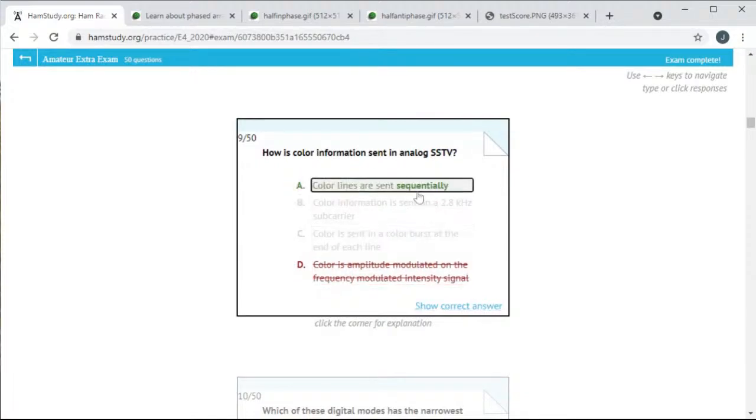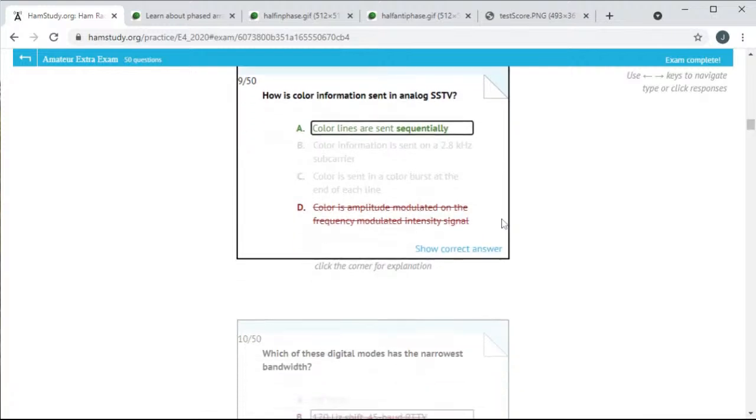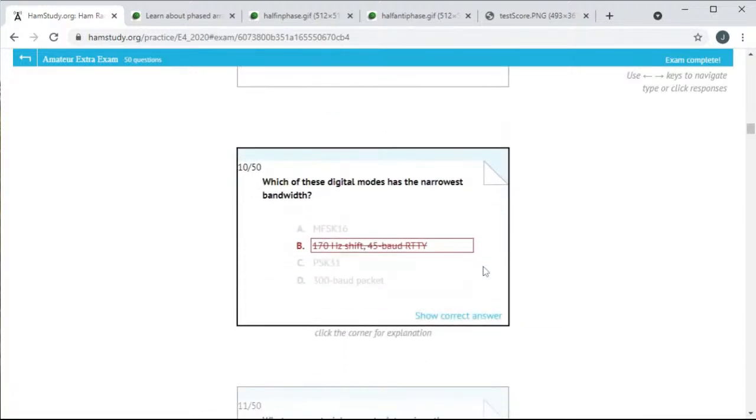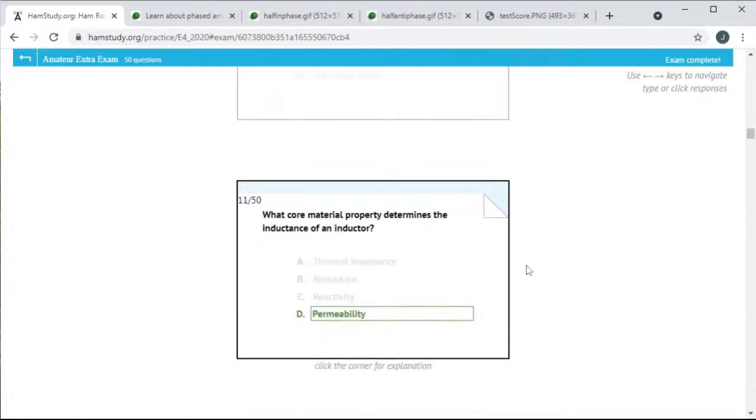And so this one, color information is, the color lines are sent sequentially. And PSK 31 has the narrowest bandwidth.